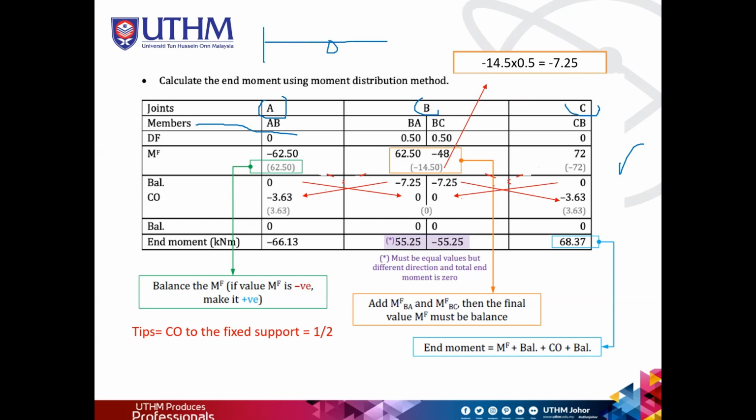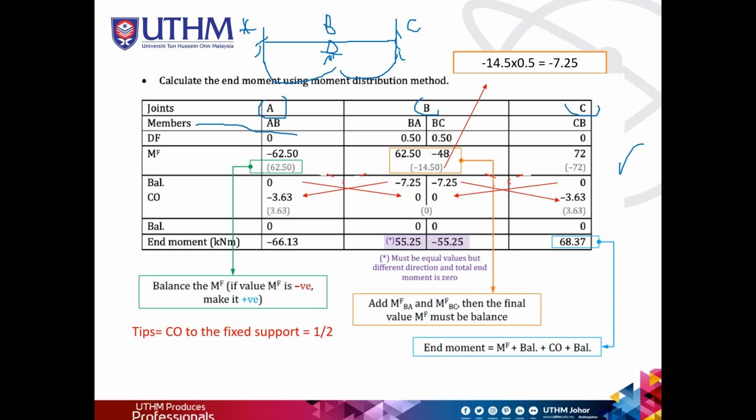At B we have a roller, but we assume it acts as a fix. So this one is B, this one is A, this one is C. BABC refers to members BA and BC. And the last one is CB.